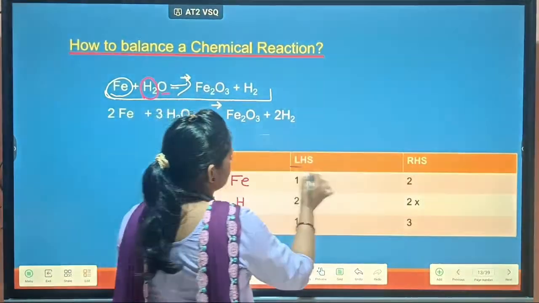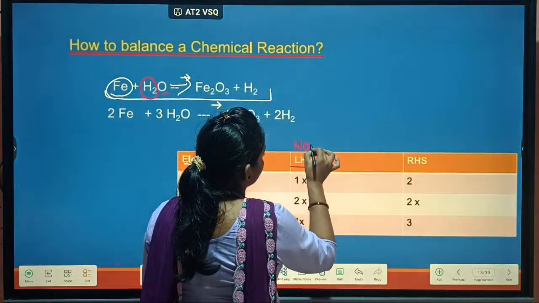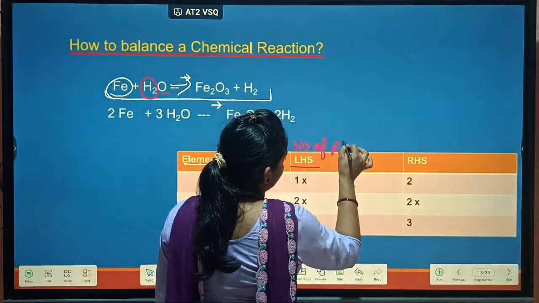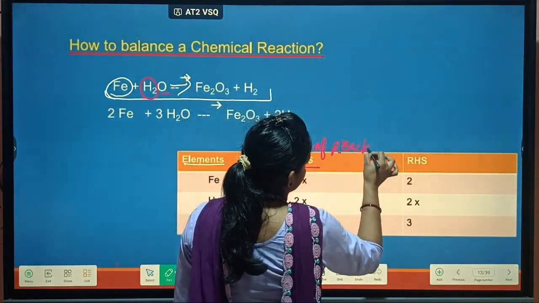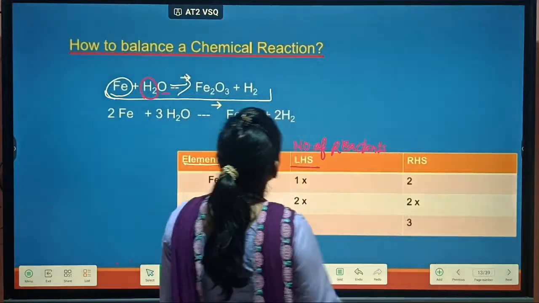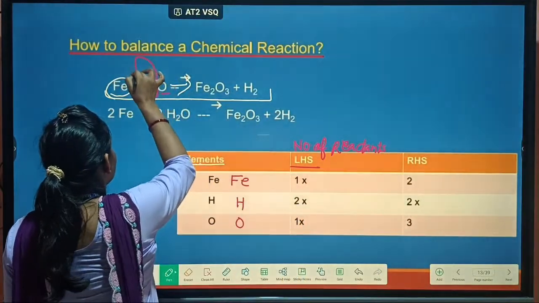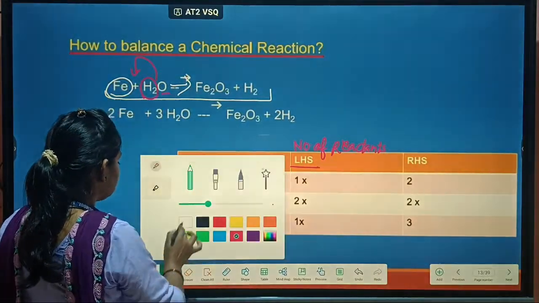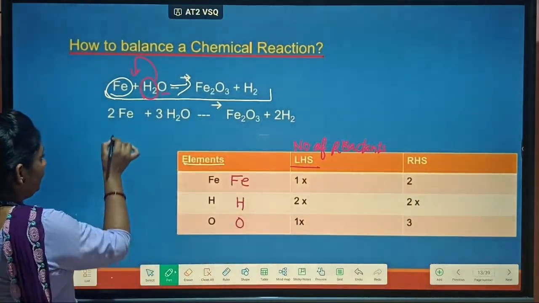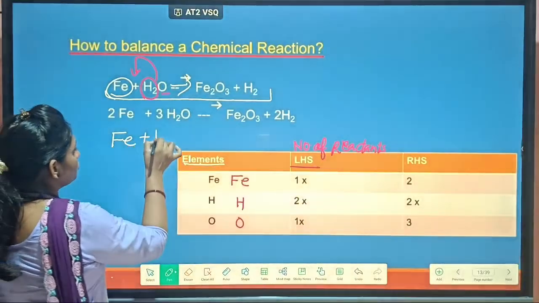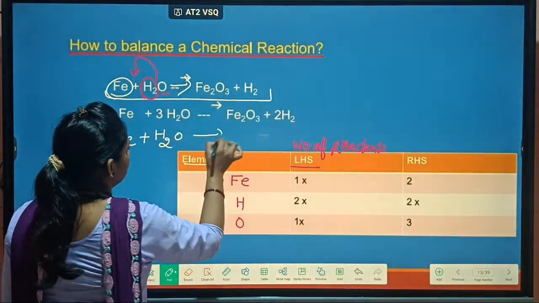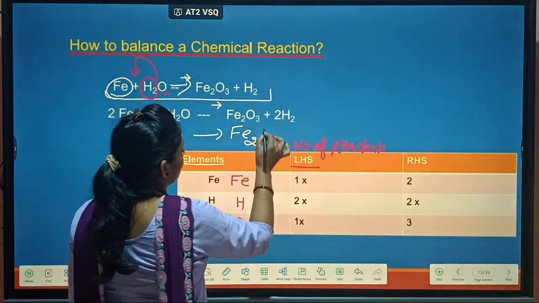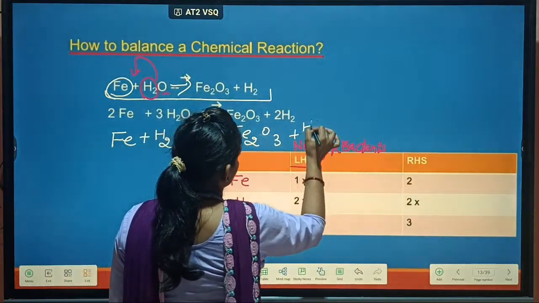Here in the LHS, meaning the reactant side, we will write the numbers, because on the left hand side we take the reactants. This is the equation: Fe plus H2O gives Fe2O3 plus H2.